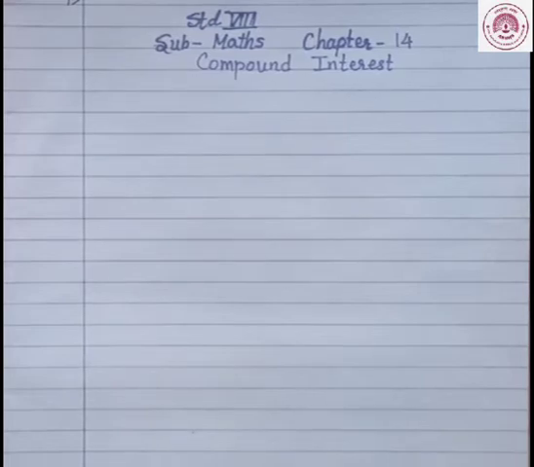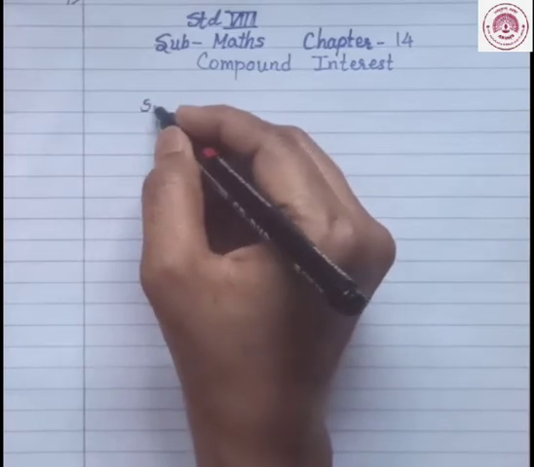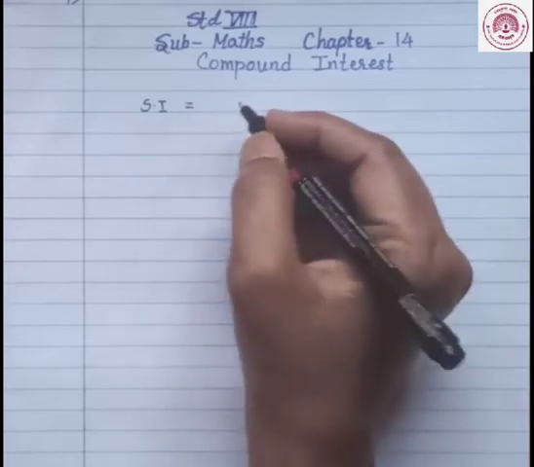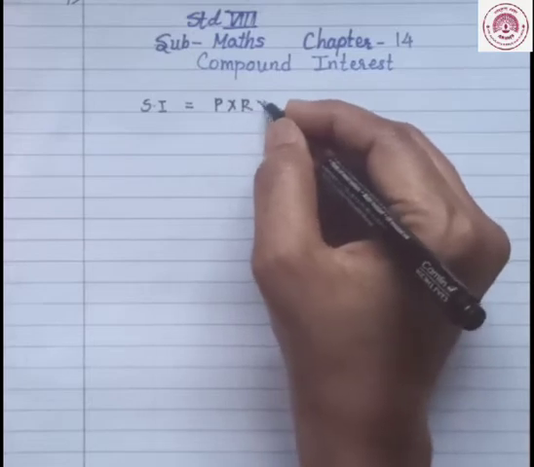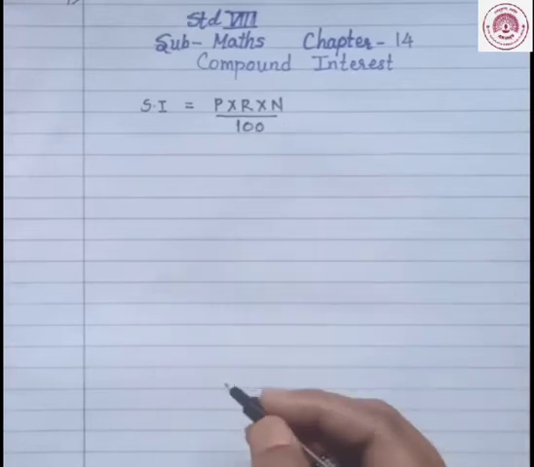Today we will study compound interest. In the previous year we have studied how to find out simple interest. So can you tell me, students, what is the formula for finding simple interest? Simple interest is denoted by SI or simply capital I. Simple interest is equal to P multiplied by R multiplied by N upon 100, right?